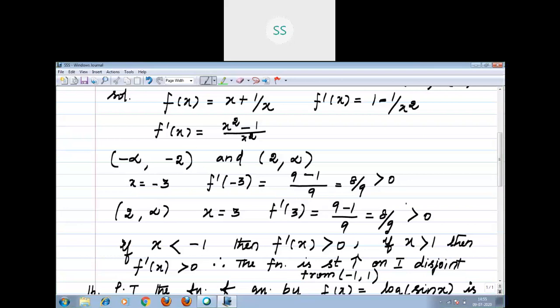See here. Prove that x less than minus 1 means what? Minus 1 you should not include. If you want, you should put here minus 2 closed bracket, right?